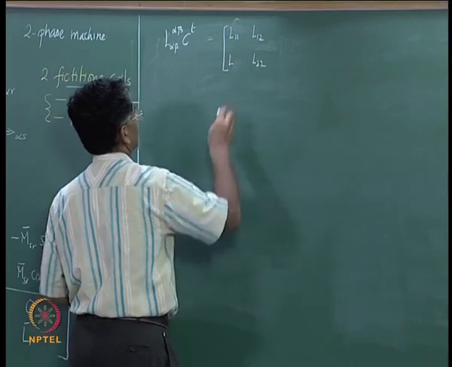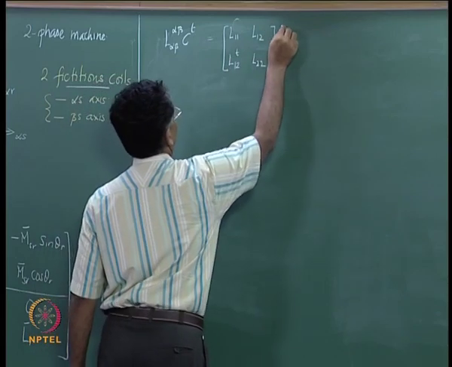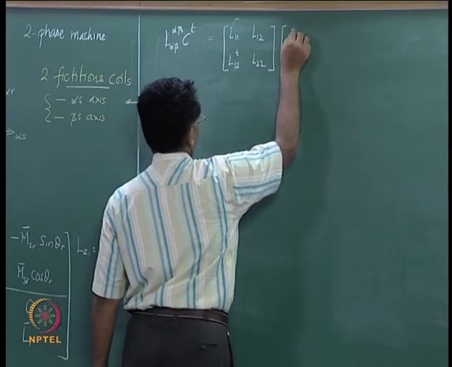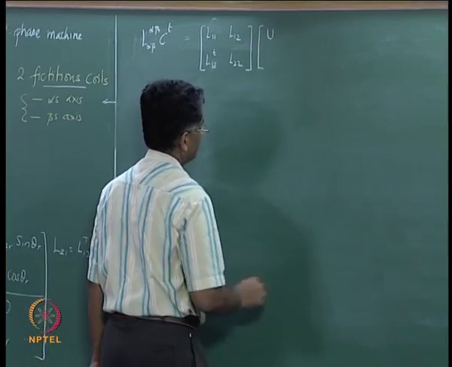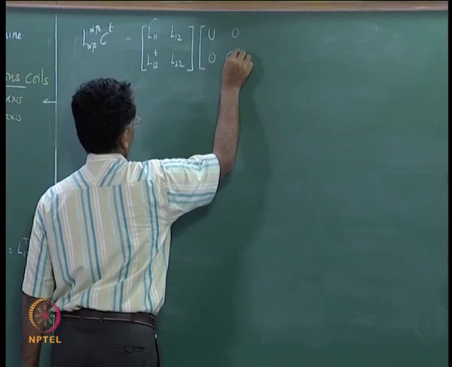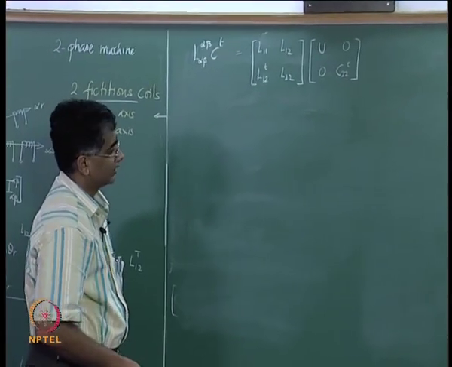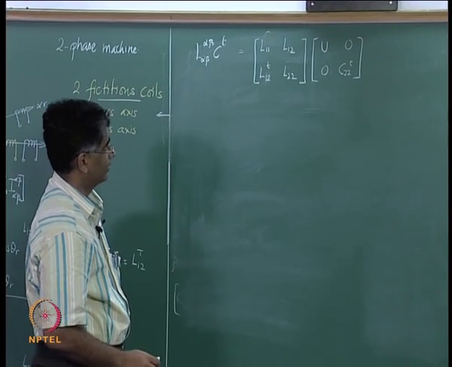L21 is nothing but L12 transpose, so we will make use of that here, into C transpose, which is identity matrix 0 0 C22 transpose. So this is L alpha beta C transpose.